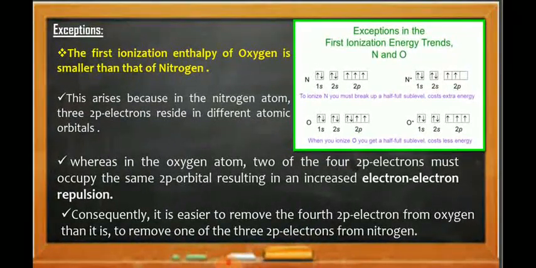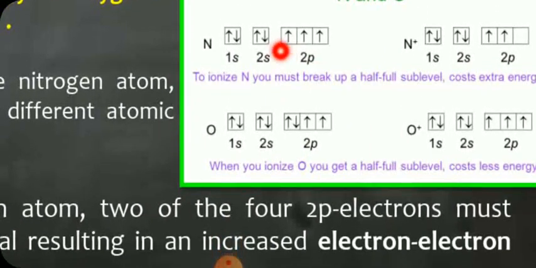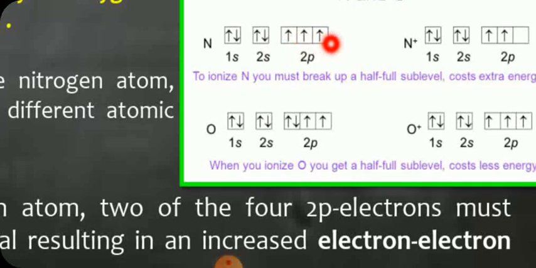Nitrogen is 2p3, oxygen is 2p4. In the oxygen atom, 2 of the 4 2p electrons occupy the same 2p orbital. There is increased electron repulsion. In nitrogen the 2p orbitals are singly filled, that is, half filled.